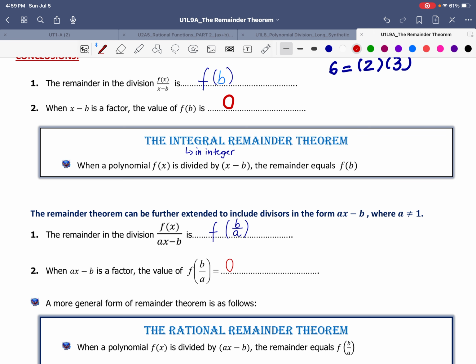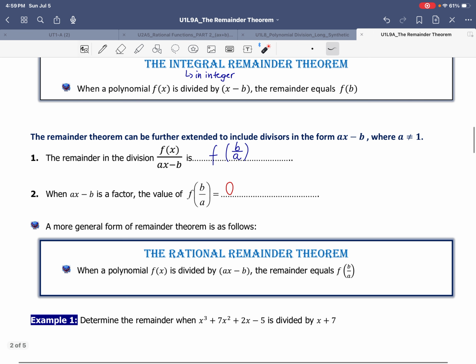If when the remainder is 0, it means that ax minus b is a factor. A more general form of remainder theorem of this case is what we call the rational remainder theorem. Rational because now we're evaluating a function at an x value that is in rational form or fraction. So we'll say that when a polynomial f of x is divided by ax minus b, then the remainder will be f at b over a.